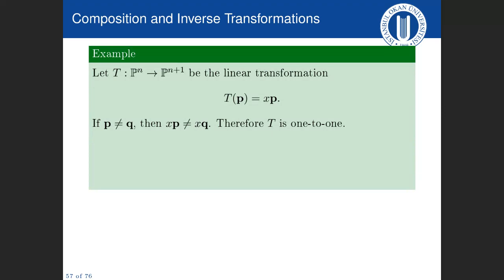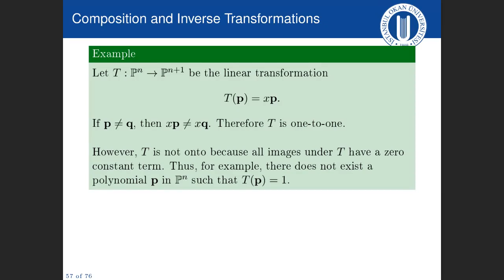For example, let T be the linear transformation from Pn to P(n+1), which takes a polynomial p and multiplies it by x. We looked at this one earlier. We can say that if p and q are different polynomials, then xp and xq are also different polynomials. That proves that T is 1-to-1. However, T is not onto, because all images under T have a 0 constant term.